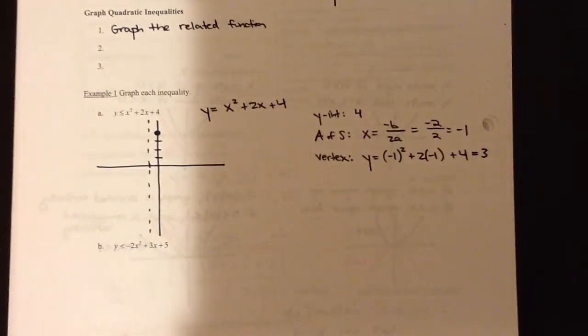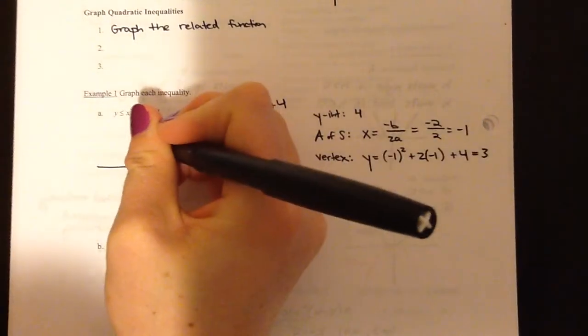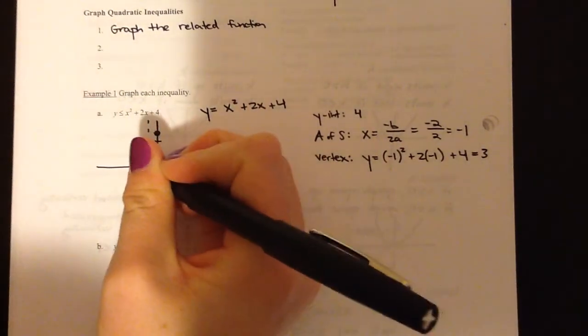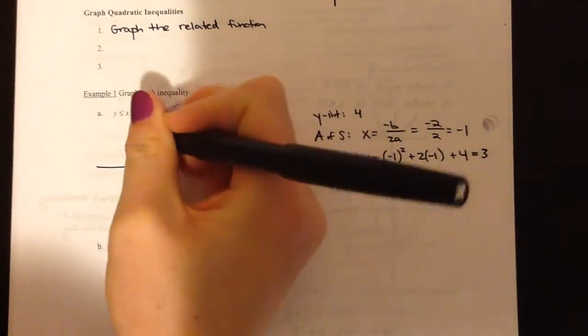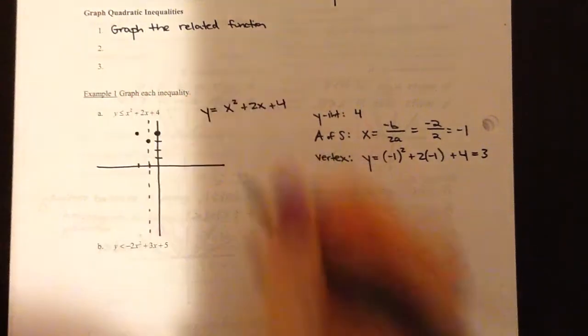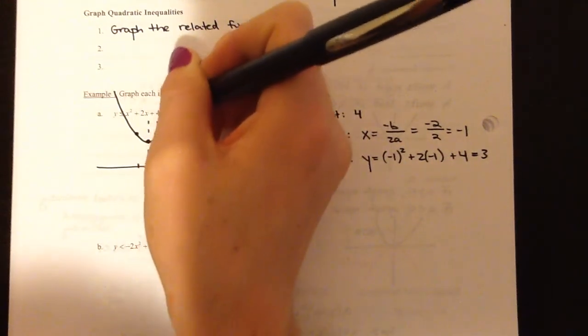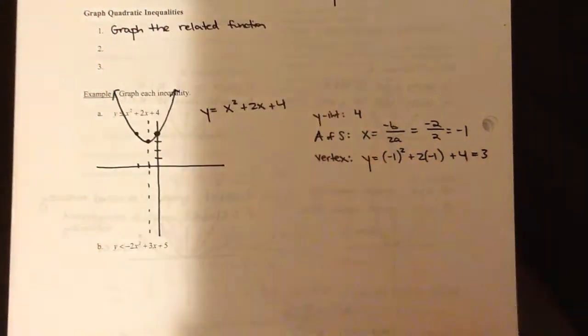Okay, so that's my vertex. I'm going to plot that. So right there. All right, and then the last thing that I'm going to do is mirror image my point onto the other side. Since this is a line of symmetry, I can mirror image that point right about there. Okay, and then I connect the dots, make a parabola. It's going to look like this.